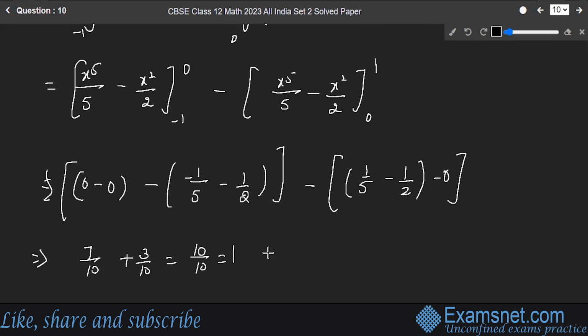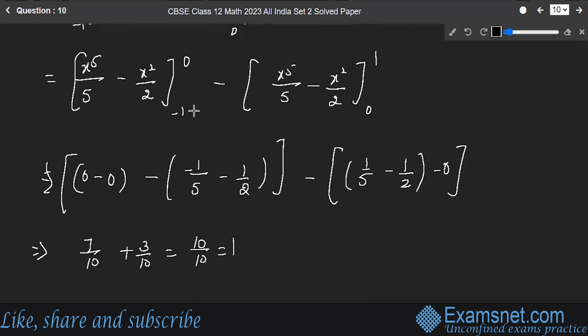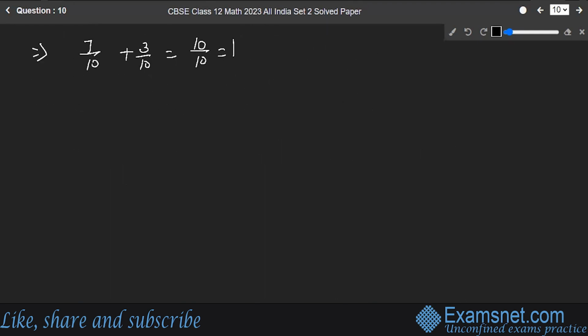So the answer to this first part of the question is equal to 1. Hope you got that. Let's move to the B part of the question, because that's in the choice. You can evaluate either A or B. So it is given you have to find out the integral of sine inverse x upon (1 minus x square) raised to power 3 by 2 dx.